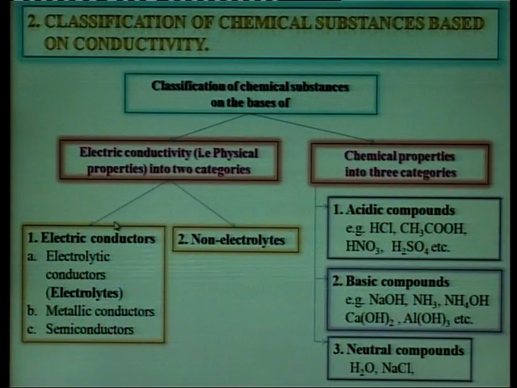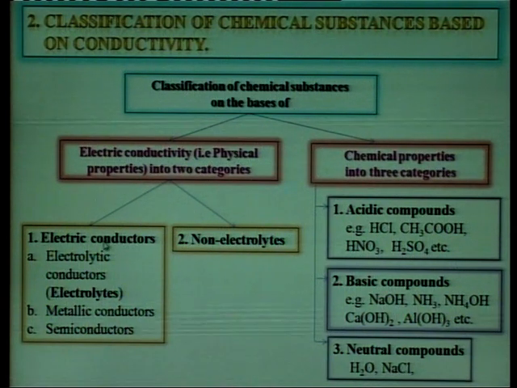We want to understand this clearly insofar as conductivities of chemical substances are concerned. Therefore, we can focus our attention on classifying chemical substances based on one important physical property, like electric conductivity.